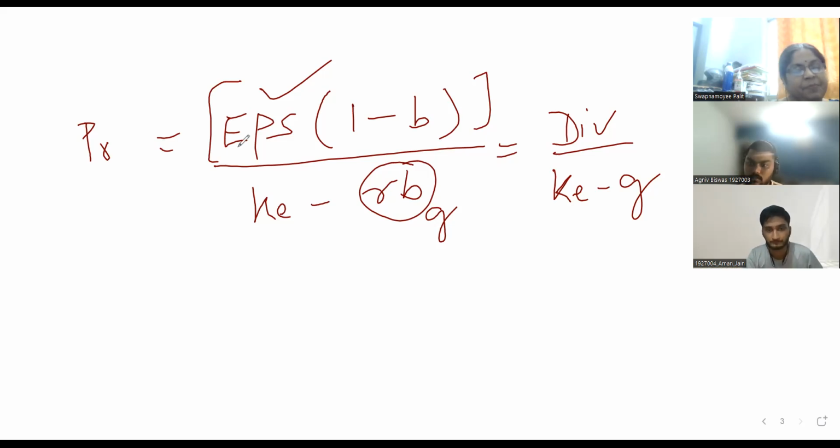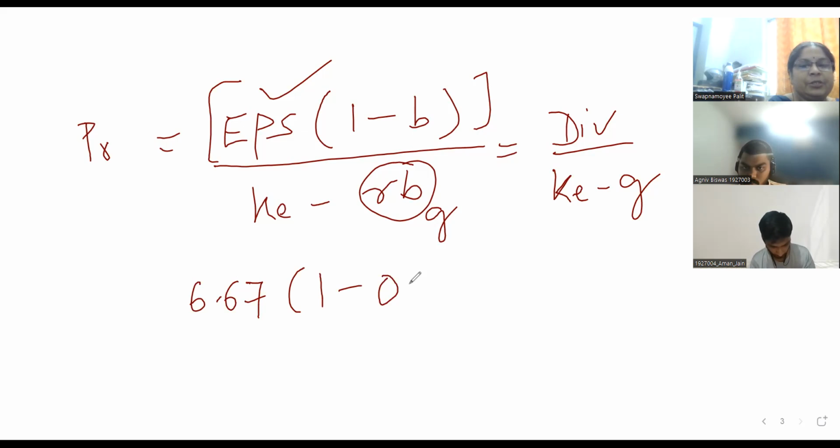So how much is the share price? Earning per share is given as 6.67. No, not 33.35, Agni, because earning per share is how much? 6.67. Then your retention ratio is 40%.